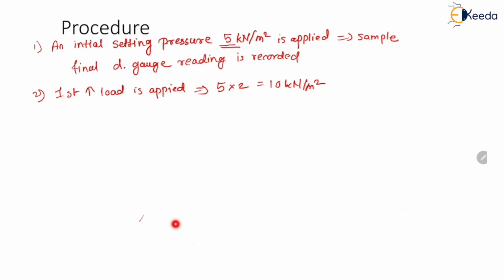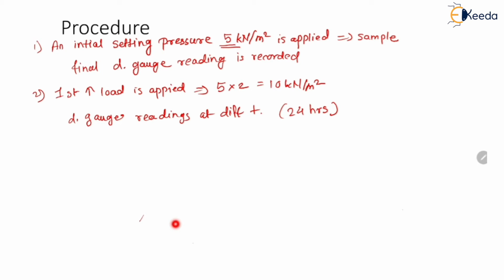Once we apply the first increment, we will measure dial gauge readings at different time intervals till 24 hours.